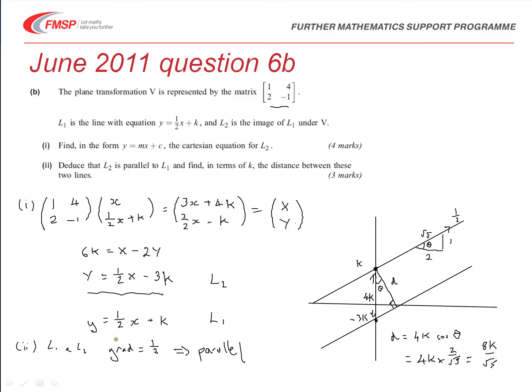Well, where do we get our marks in this question? Well, we're making this statement here, that we're multiplying this matrix by this coordinate on the line, we'll get 1 mark.